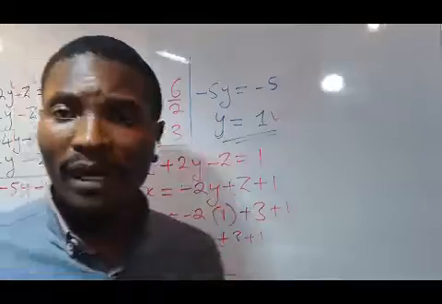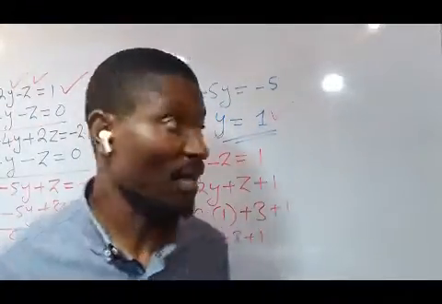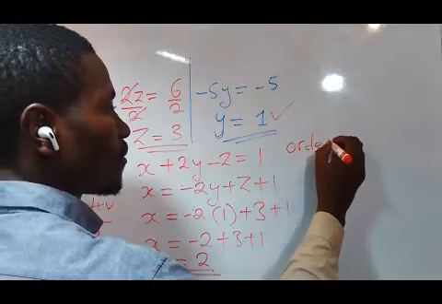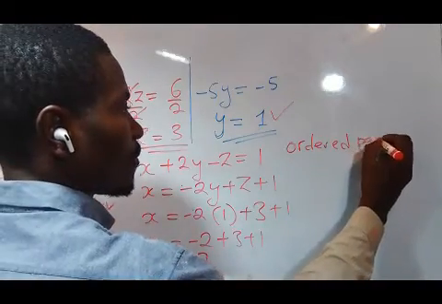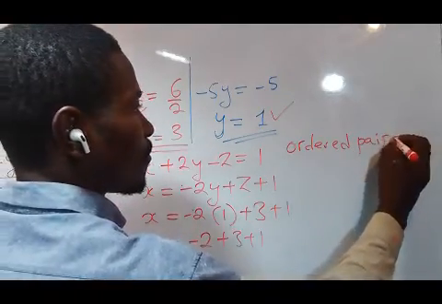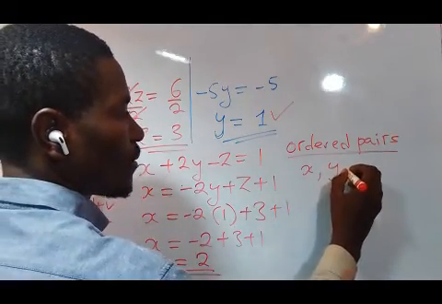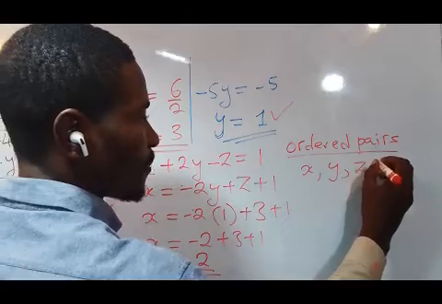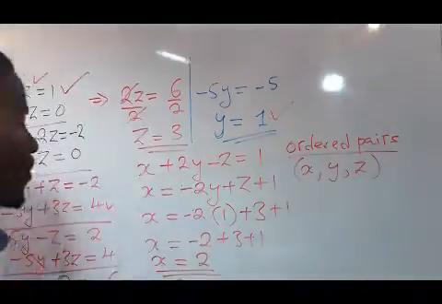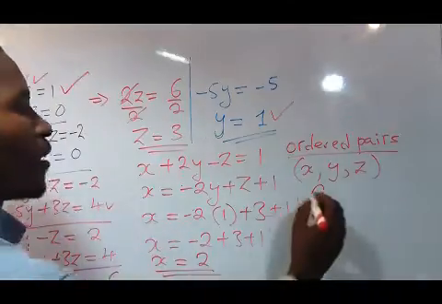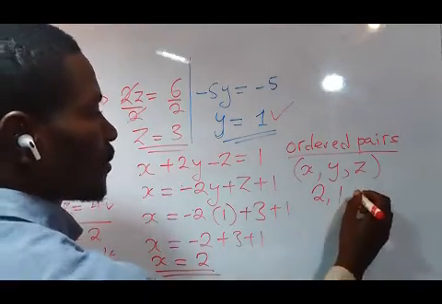So now, the set of ordered pairs x, y, z: our x is 2, our y is 1, our z is 3.